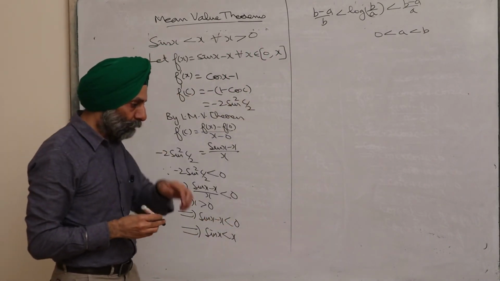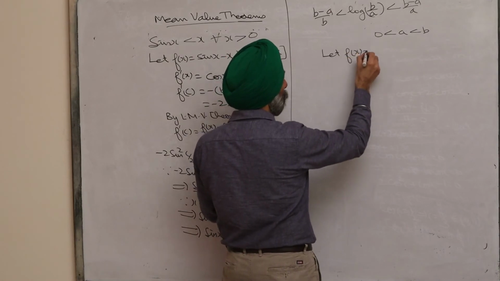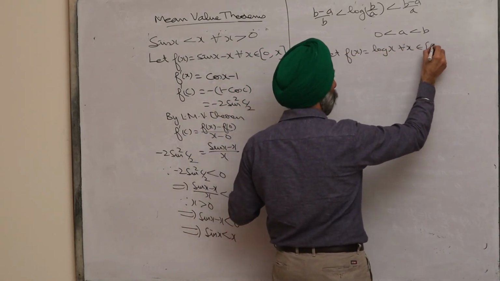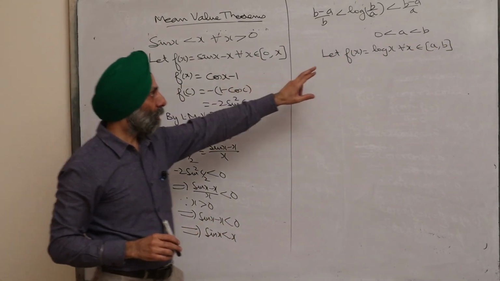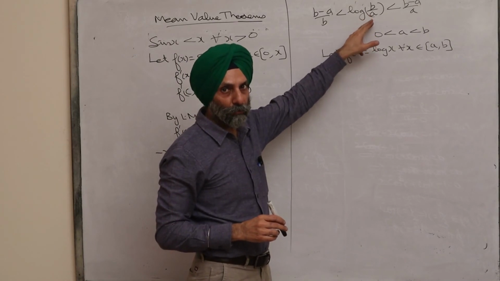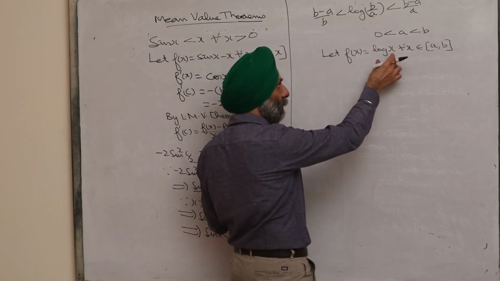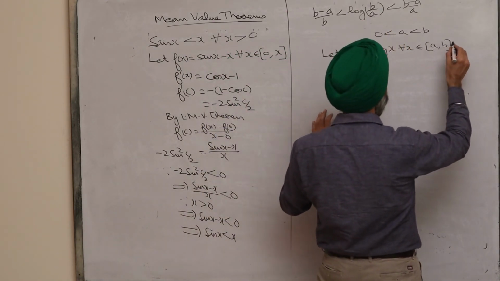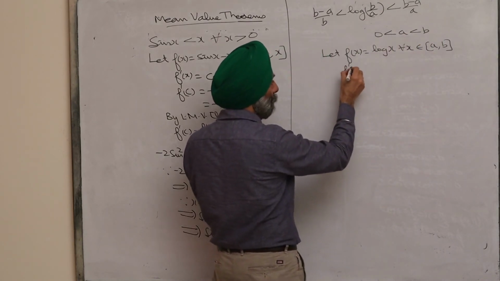So once again, let fx is equal to log of x for all x belongs to the interval a to b here. This we are considering because of the result which we require to prove here. Now this being a continuous and differentiable function in the given domain, where both a and b are positive here.